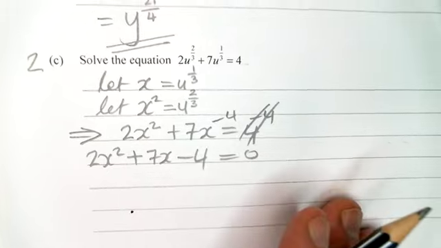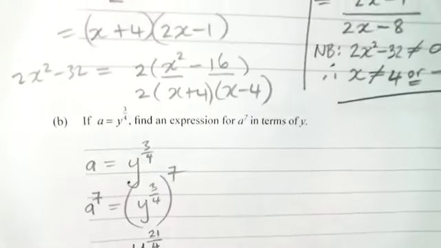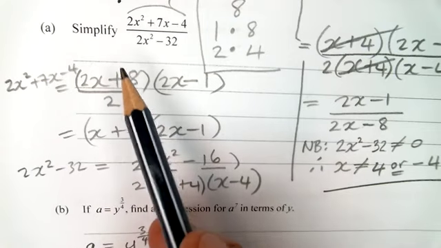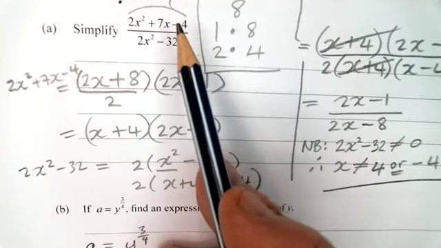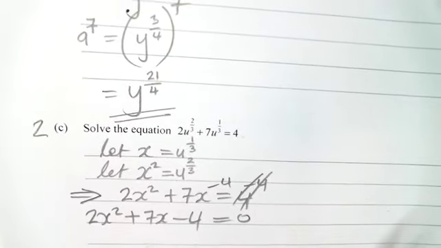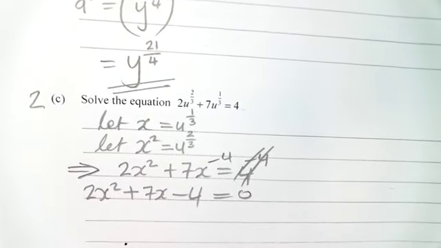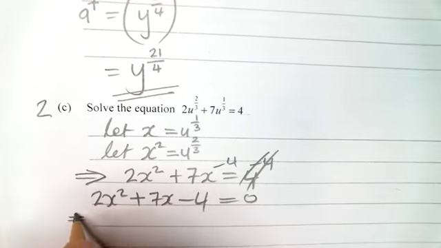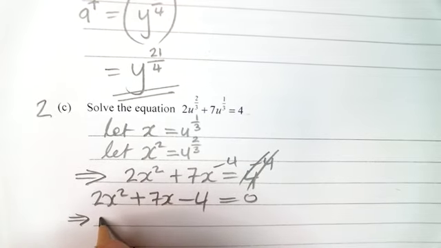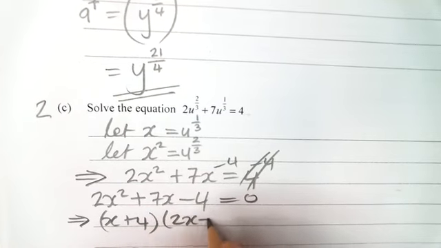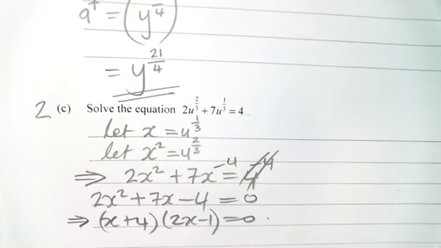Looking above, we've actually already done this. We've actually found that the solution to this is this here. So let's not double up on what we don't need to redo. I'm just going to write that this implies, therefore, that x plus 4 and 2x minus 1 is equal to 0.